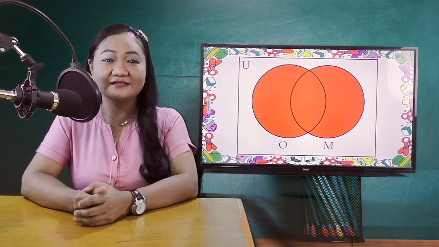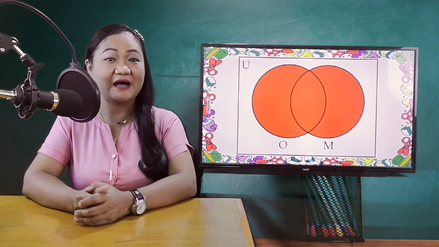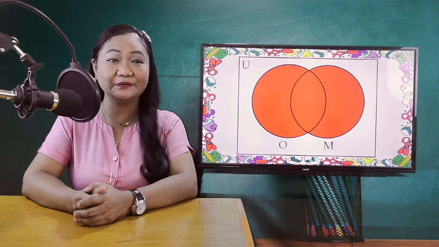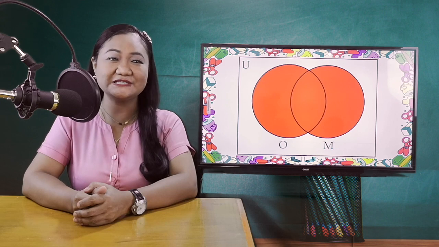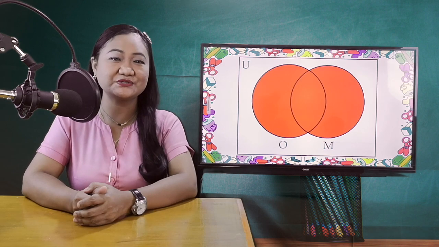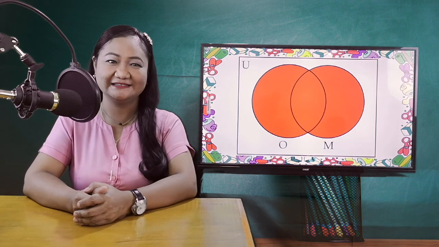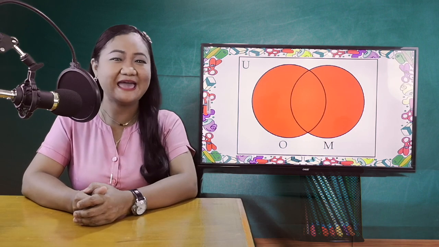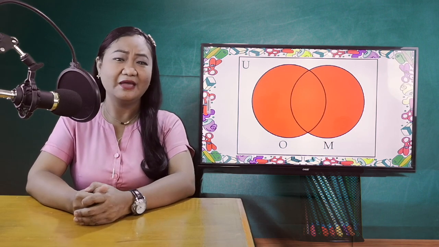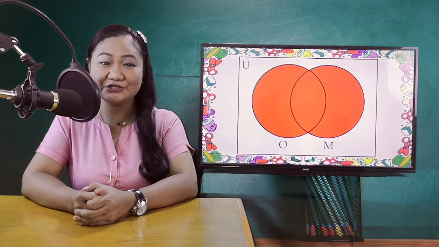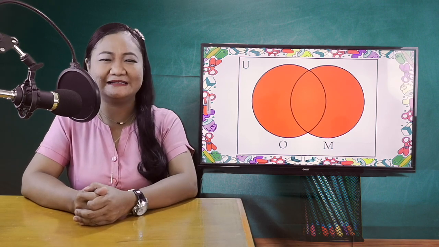So, this question asks for the combined cardinality of the students who chose online learning only, the cardinality of students who chose both online and modular learning, and the cardinality of students who chose modular only. I know that in your minds, you already have an answer. What did you do? You may use another solution, but it's just fine.